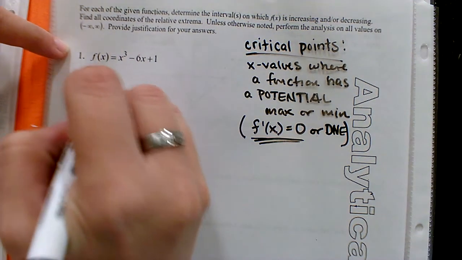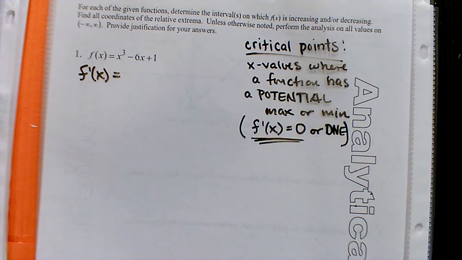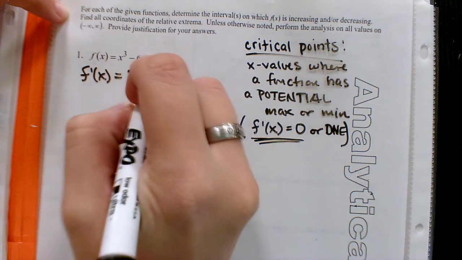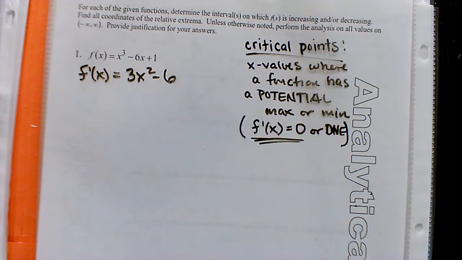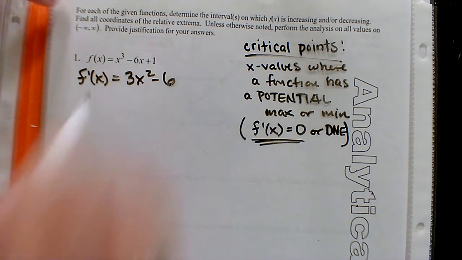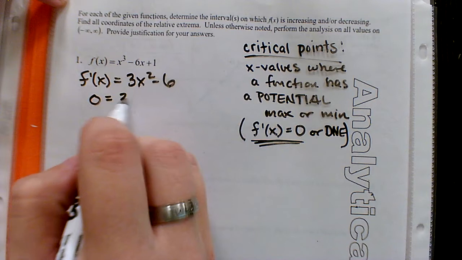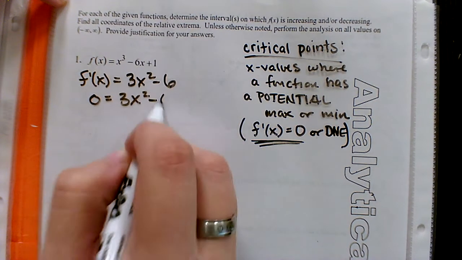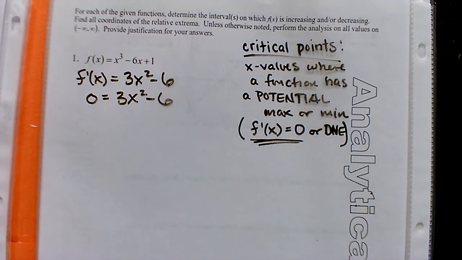Can we figure out the derivative of the function real quickly? We got 3x squared minus 6. And if we set that equal to 0, because we want the slope to be 0 for a high point or a low point, let's go ahead and figure out those x values.